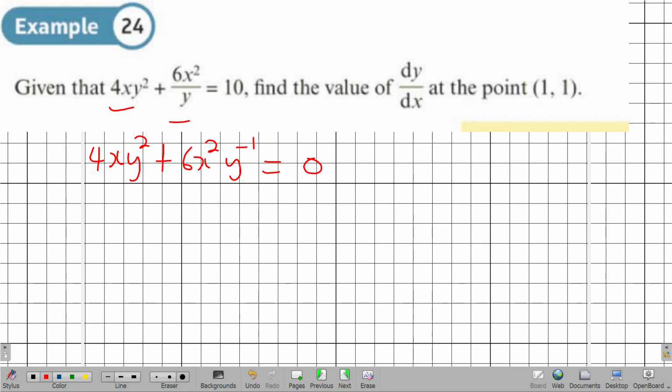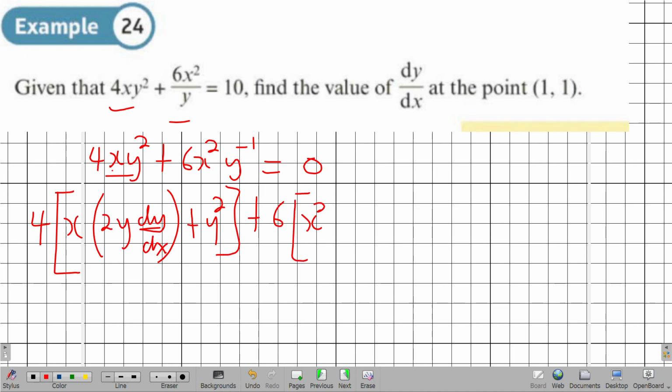If I take away the 4 and apply the product rule on x and y squared, I'm going to have x, then in bracket 2y dy over dx, that's the chain rule, plus y squared, the derivative of x is just 1, close the bracket, plus x squared, the derivative of y to the power of minus 1 is going to be minus y to the minus 2 dy over dx, plus y to the power of minus 1, the derivative of x squared is 2x.